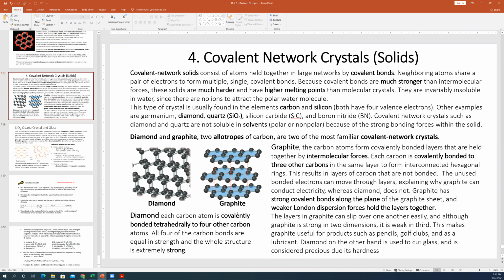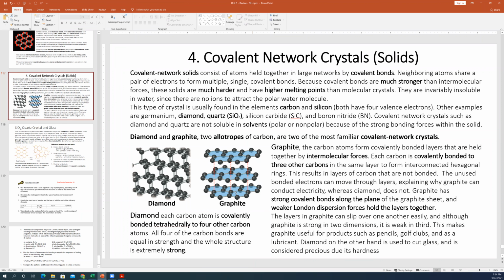Again, the strength of the diamond comes from its ability to form 4 covalent bonds, forming this crystal structure of 4 strong covalent bonds with 4 other carbon atoms. Whereas in graphite, you only have covalent bonds with 3 other atoms.